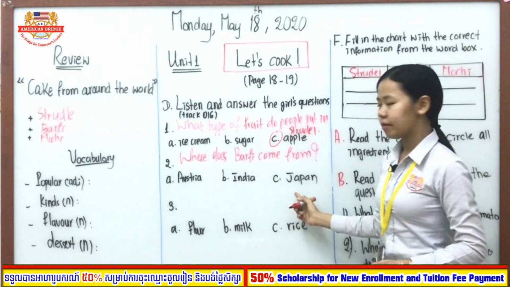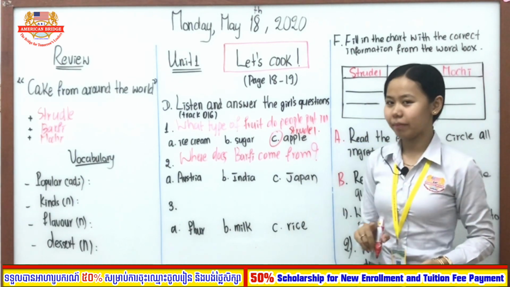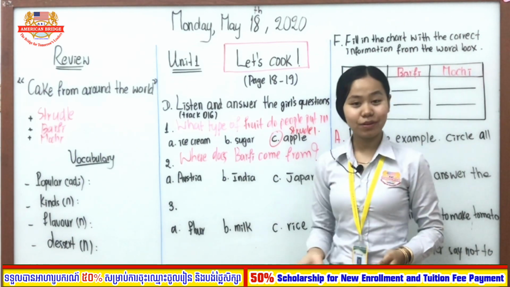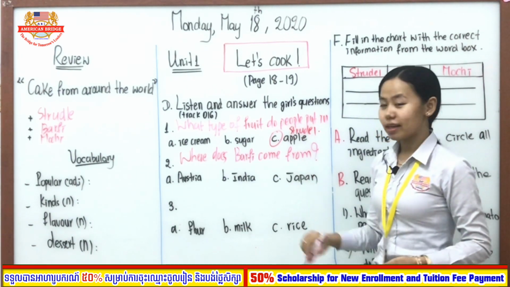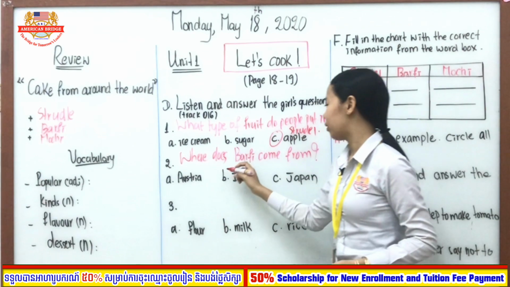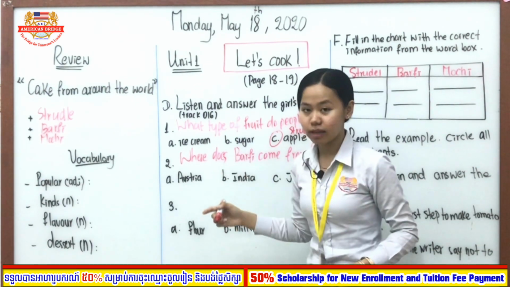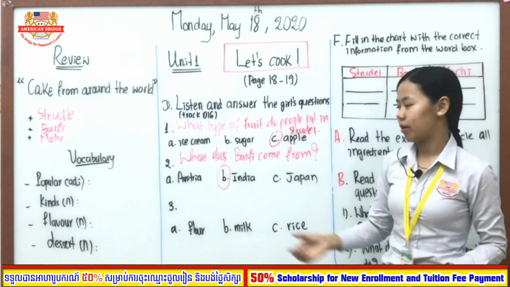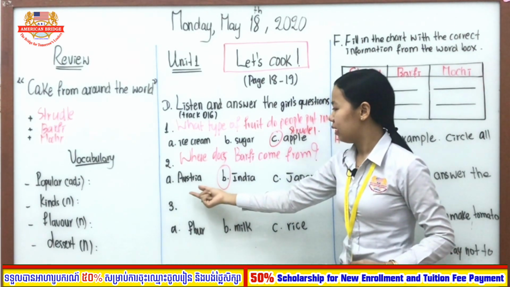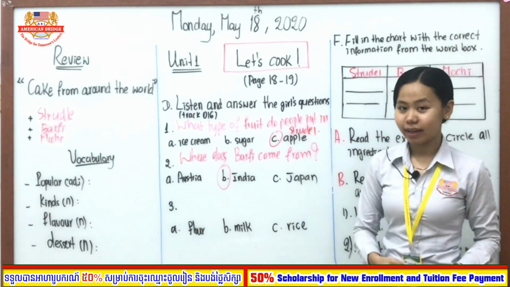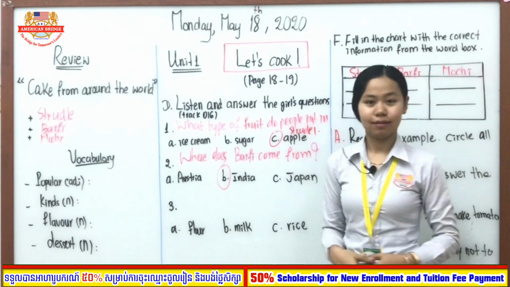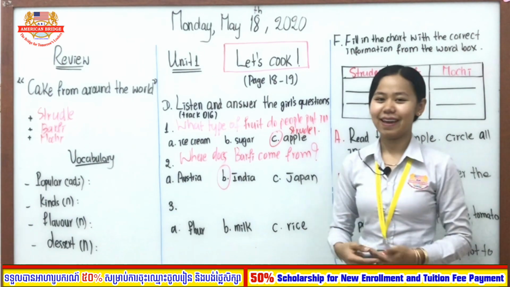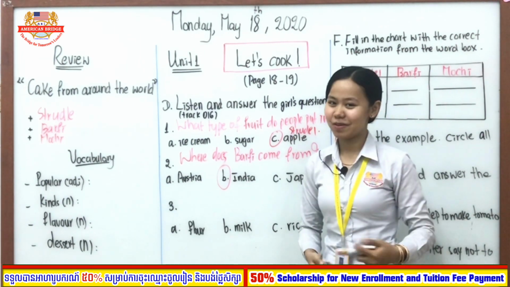Australia, India, or Japan? Do you still remember? Teacher also reviews for you: strudel comes from Austria, barfi comes from India. It does not come from Australia or Japan. Do you get the correct answer, everyone? Yes, maybe, or absolutely yes.